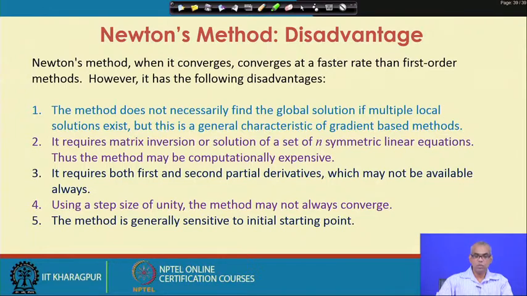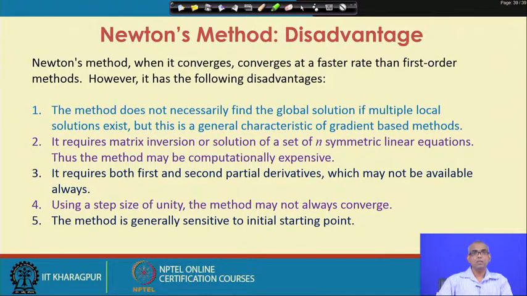Using a step size of unity, the method may not always converge. The method is generally sensitive to the initial starting point. If the initial starting point is close to the optimal point, the method works very well. But if the starting point is very far from the optimal solution, Newton's method can go either uphill or downhill.